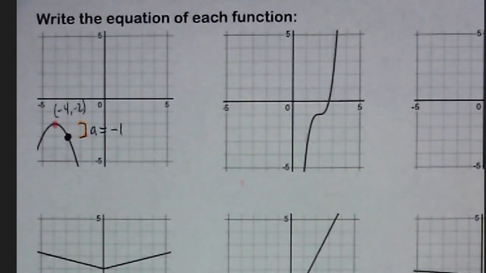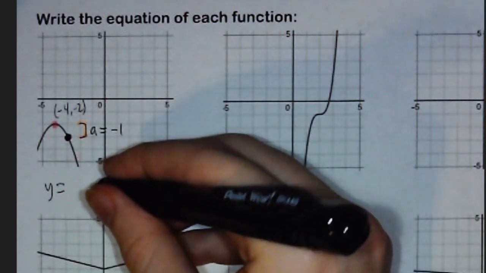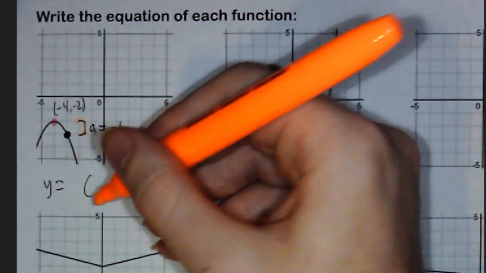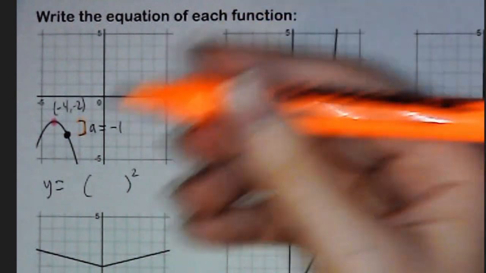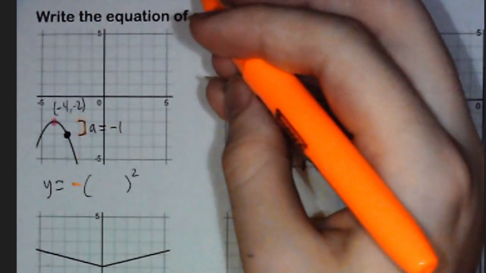And now we can write the full equation of this graph. So we have a, which is -1. Well, let's put the y equals first. And we know that this is a quadratic, so it's going to have something like that. -1 goes out front. Now, do I have to write the -1? No, I can just write a negative sign instead.